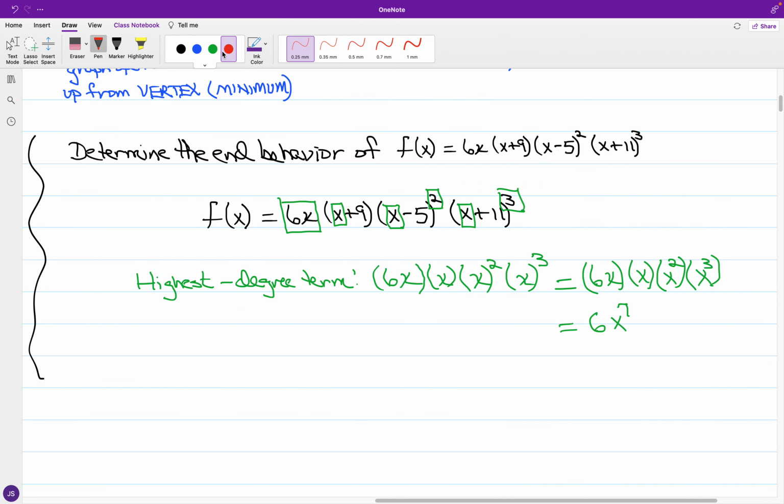Okay, so for the leading coefficient, or I should say the coefficient of the highest degree term, you have 6, which is positive.